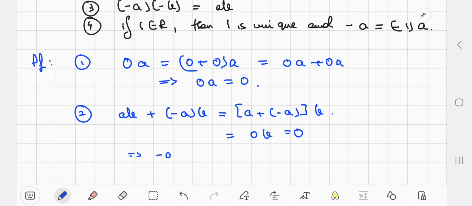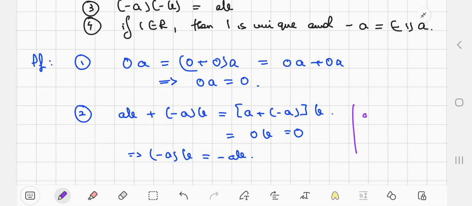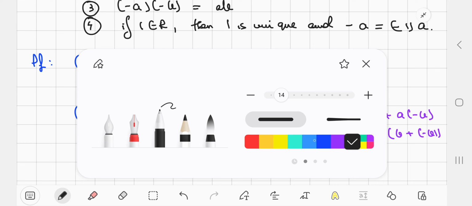But then this implies minus a times b is the same as minus ab. In a similar way, you can consider the sum ab plus a times minus b, and then you can consider it to be a times b plus minus b, and do the same thing. You will get the same result, but then you have an equality, right? Okay.